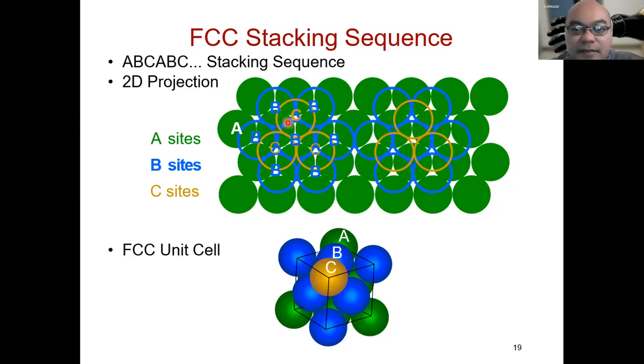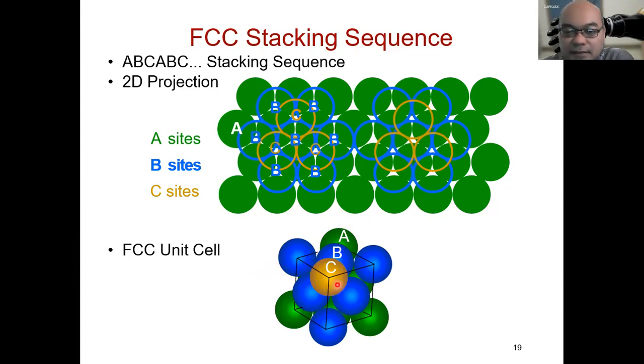So the C here is indicated by the yellow colored circles, located just above the space which is not directly on top of the blue balls or the green balls.